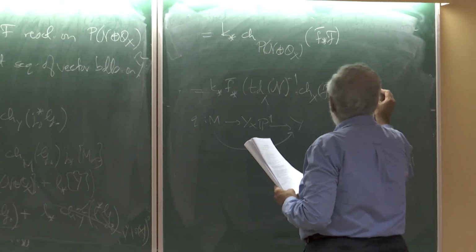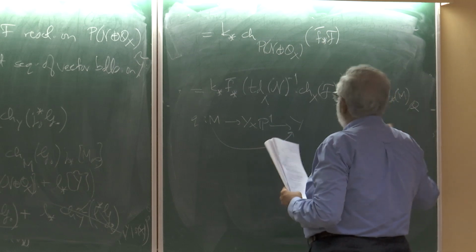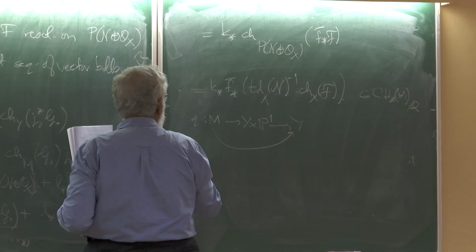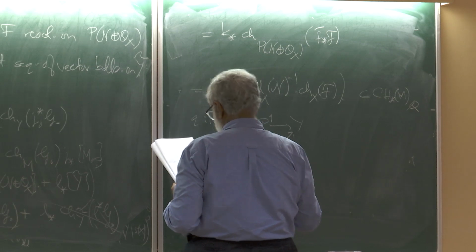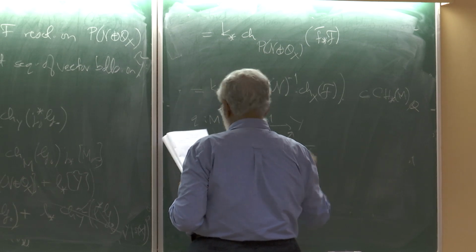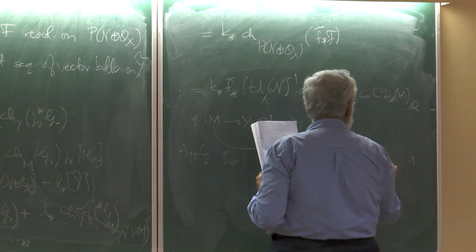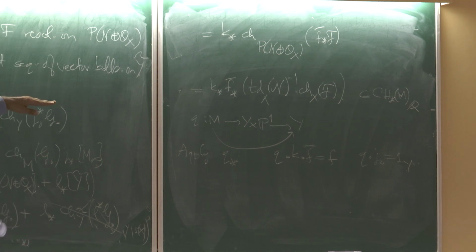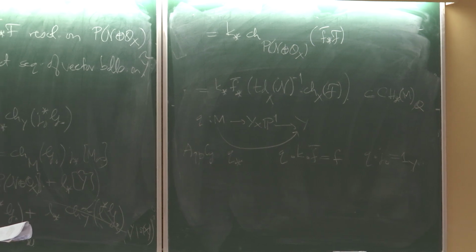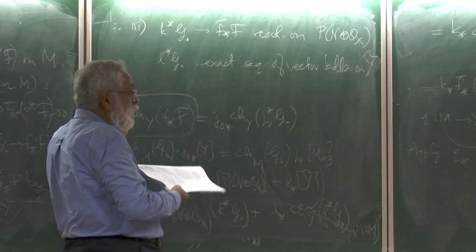This whole expression lives in Chow star M, but now I can apply Q lower star and notice that Q composed with K composed with F bar is just F, and Q composed with J naught is the identity on Y. So I had J naught lower star or something equals K lower star of F bar lower star or something. Apply Q lower star to both sides. Q lower star of J naught lower star is the identity. So I'm exactly just computing chern Y of F lower star F.